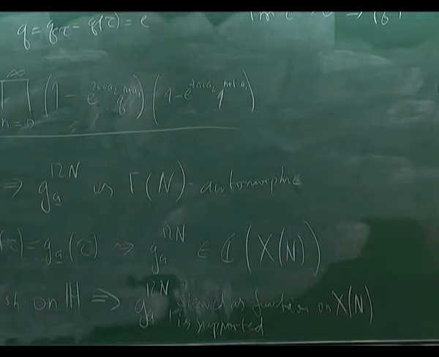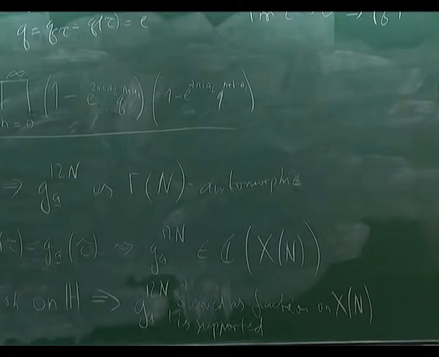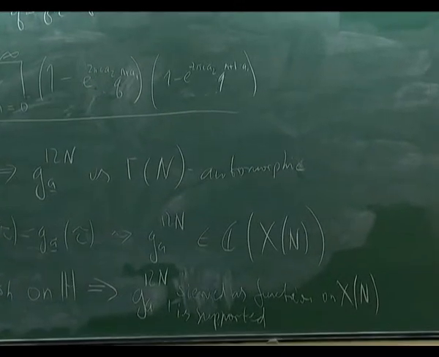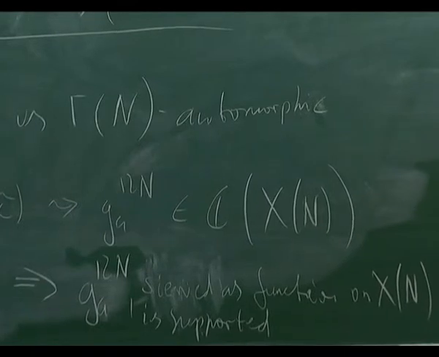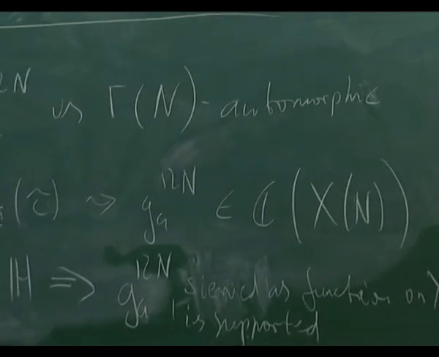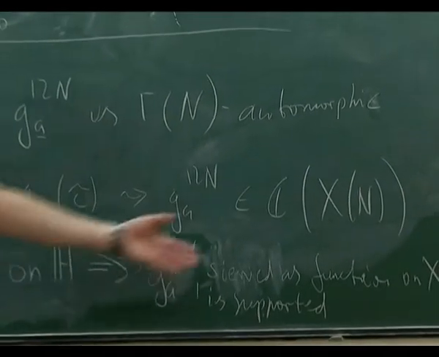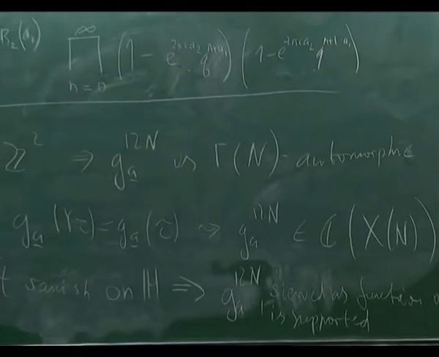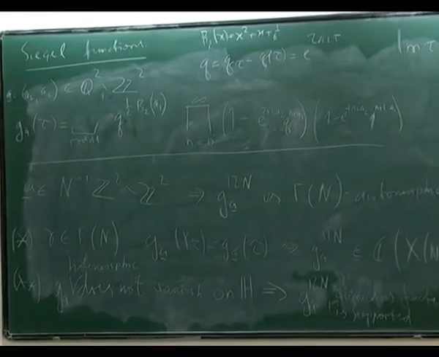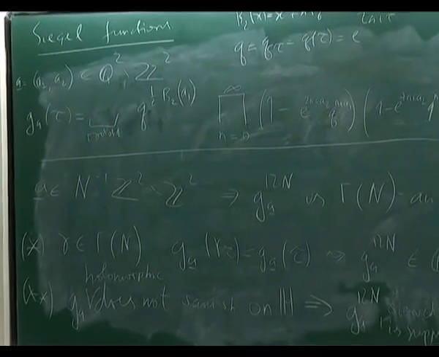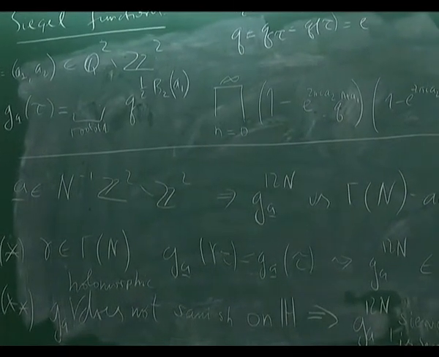And now some argument, you can find it, for instance, in the infamous book of Kubert and Lang, Modular Units, proves that these divisors generate an abelian group of maximal possible rank equal to the number of cusps minus 1.